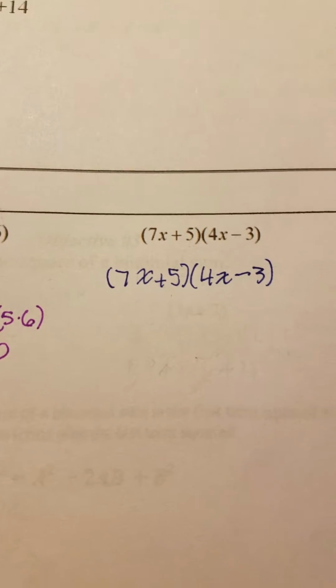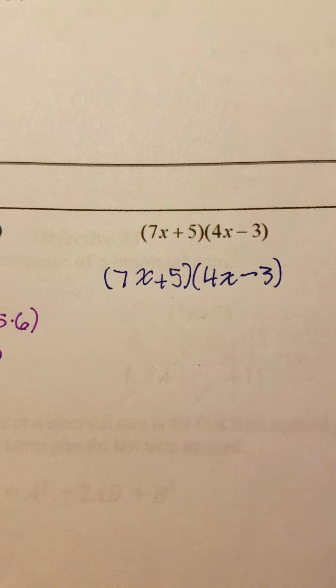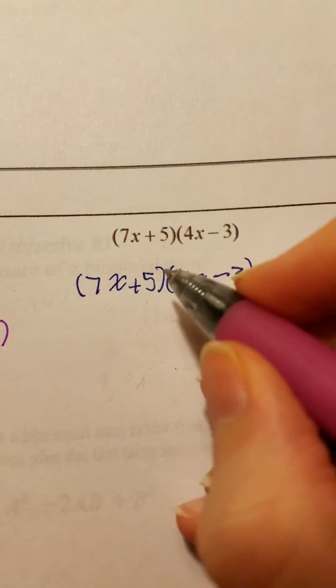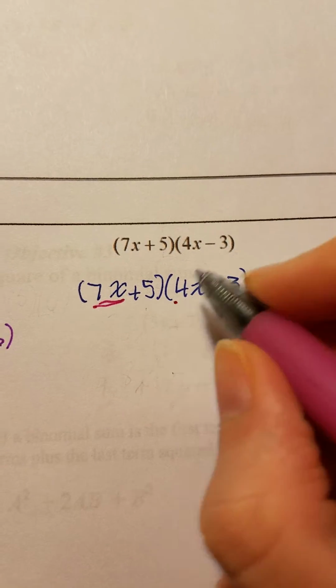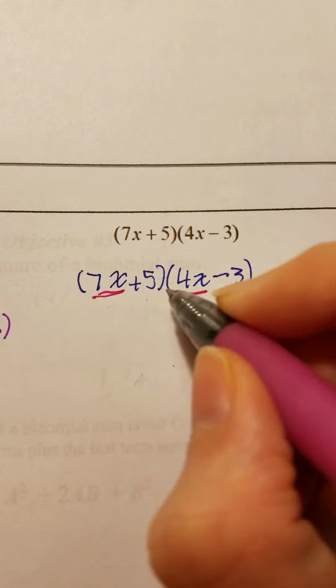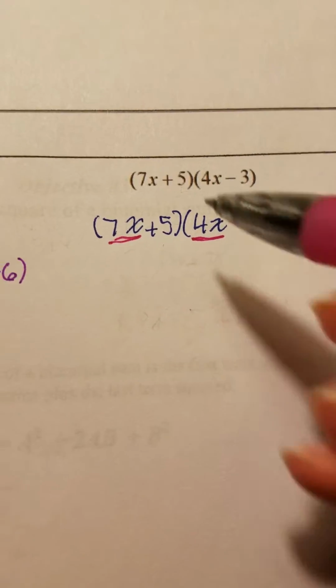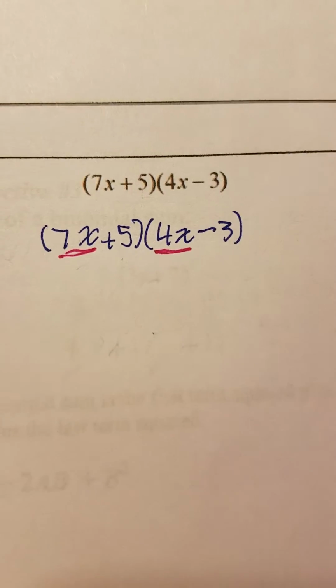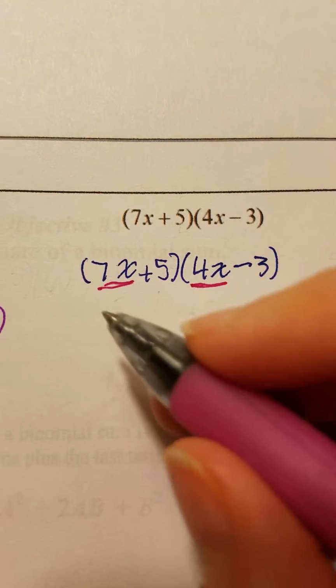Okay, so first we've got 7x and 4x. So, what's 7 times 4? 7 times 4 equals, anybody? 28?